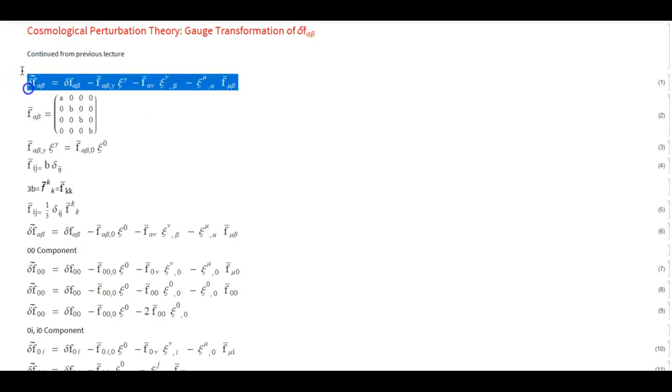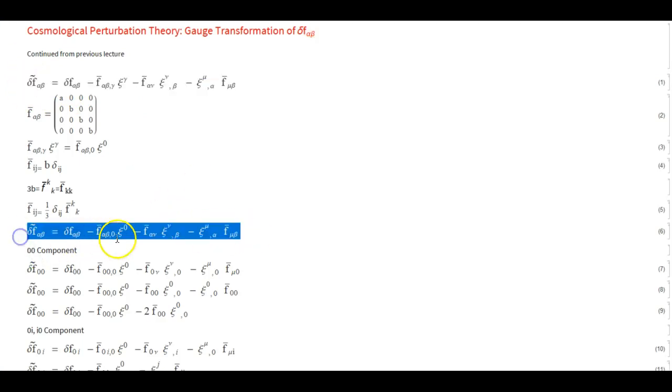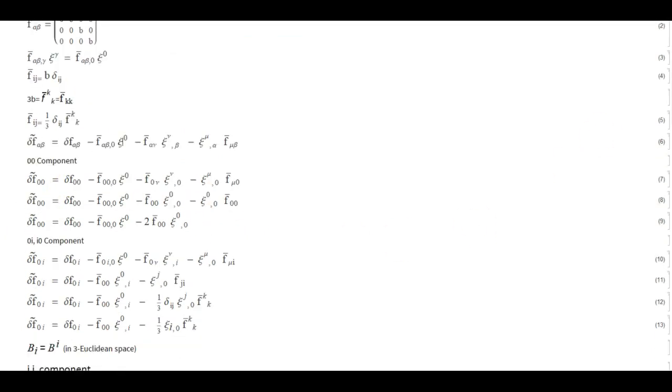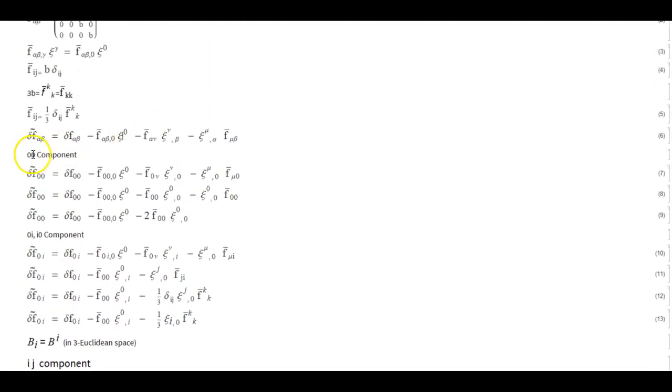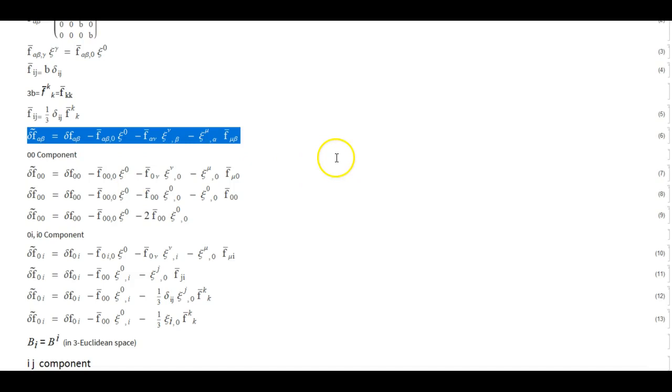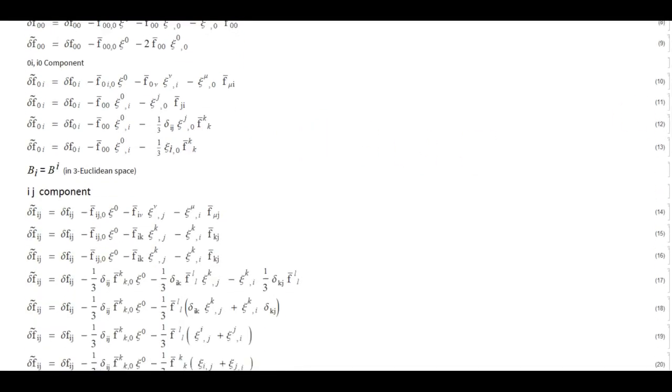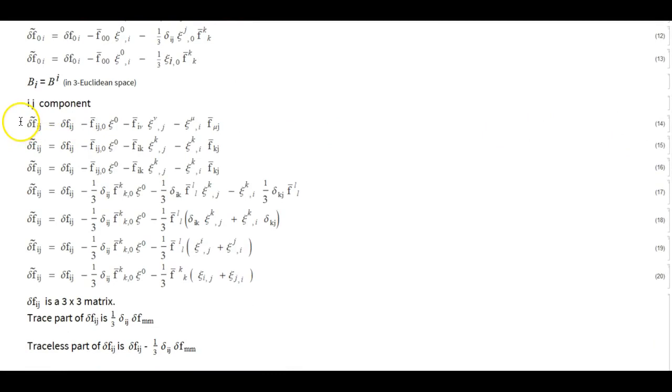We derived this equation for a tensor of rank 0, 2, and after that we extracted the 0 0 component, 0i and ij components from this equation. Now we'll do the same exercise for a rank 1, 1 tensor, and then we will compare the results with the equations that we have formed for a tensor of rank 0, 2.